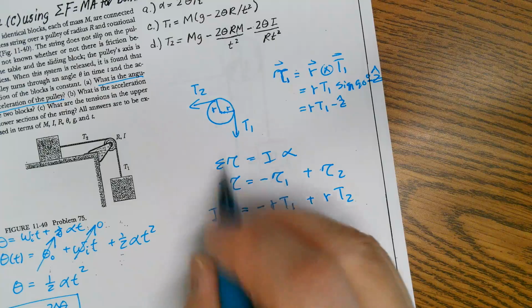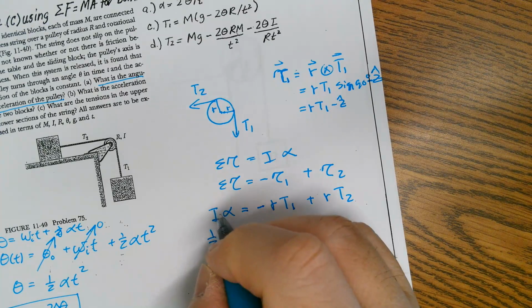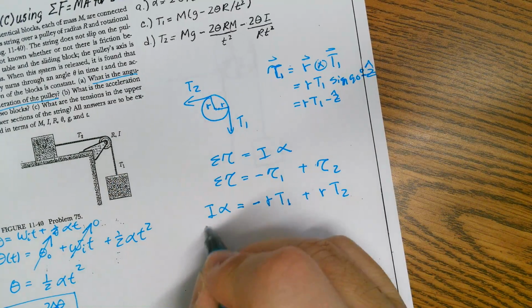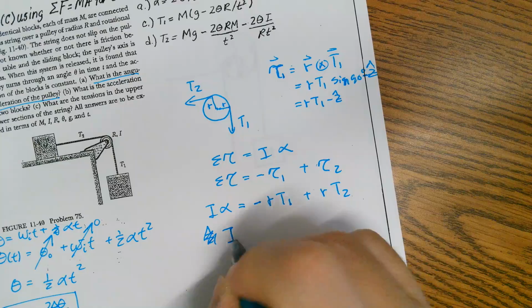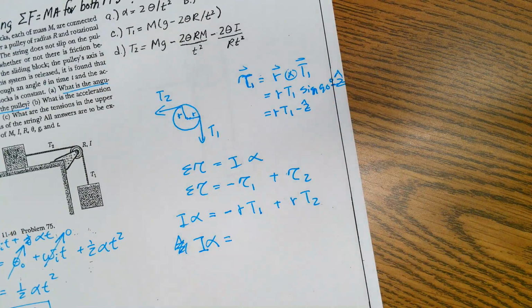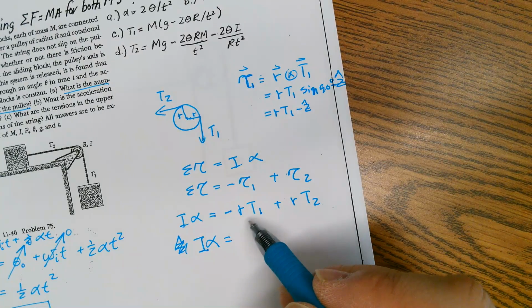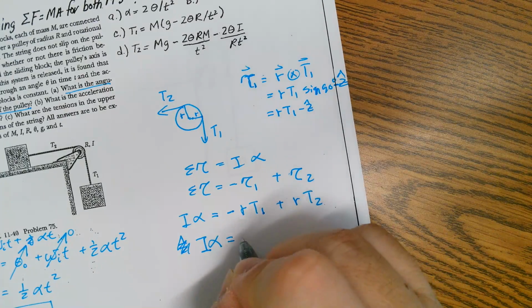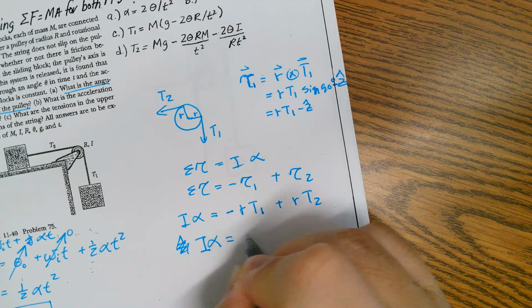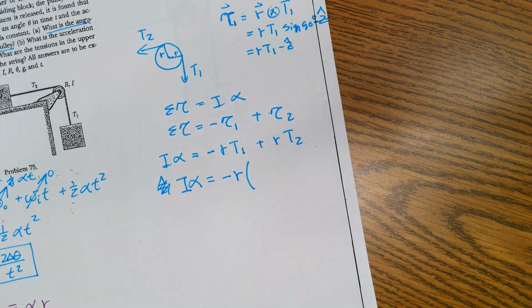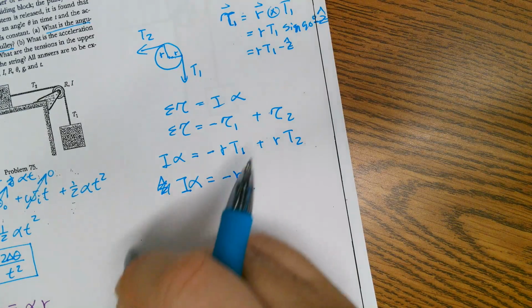Moment of inertia for disk is 1/2 m. Oh, I guess they just wanted an I. So I alpha is equal to, right? We already figured out the T1 part, so negative R times this T1 can be plugged into here.